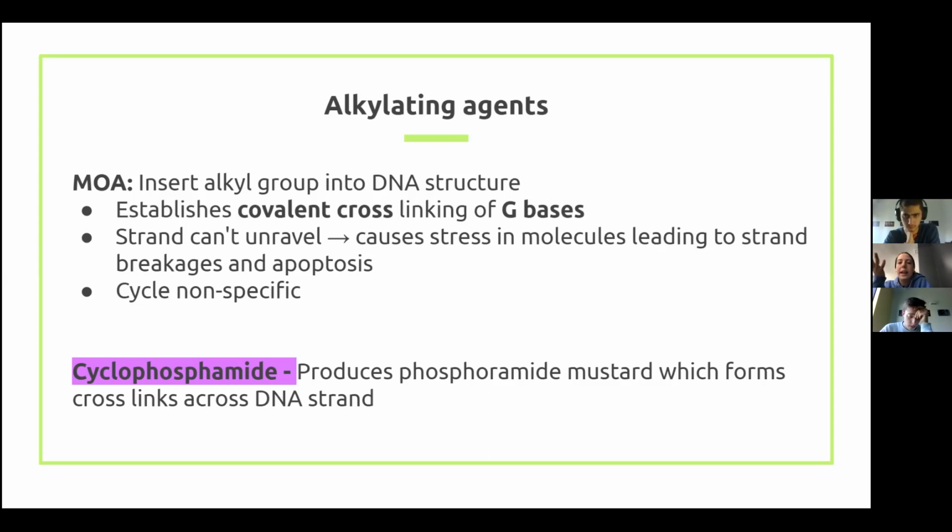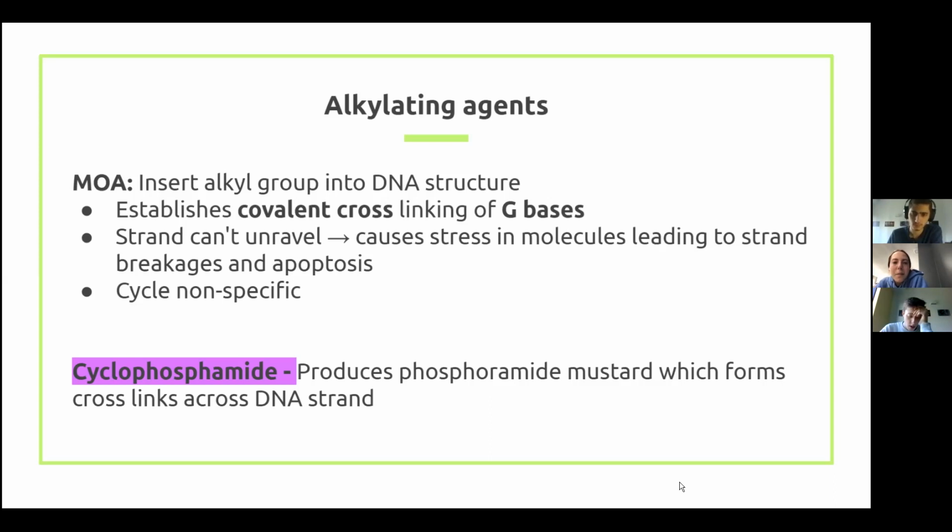And this could work anytime, which makes sense because you're just attaching something. It's going to stress it at all times, not only when opening the DNA for replicating, but even normal cell processes, because that DNA can't be opened. And the drug to remember is cyclophosphamide. You don't really need to know what it produces, just know that it forms that cross linkage across the DNA strand.